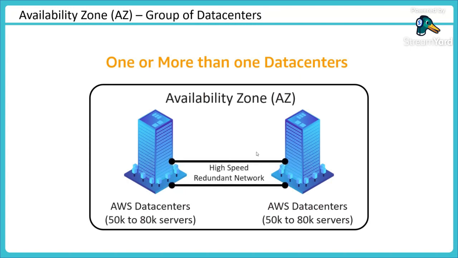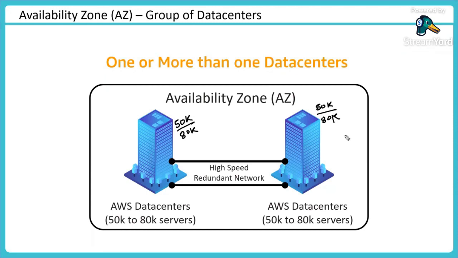The idea of an availability zone is that multiple data centers put together is what we call an availability zone. One data center gives me around 50k to 80k servers. If we need more capacity, we will add another data center which will again have 50k to 80k servers, and we can keep on adding data centers.